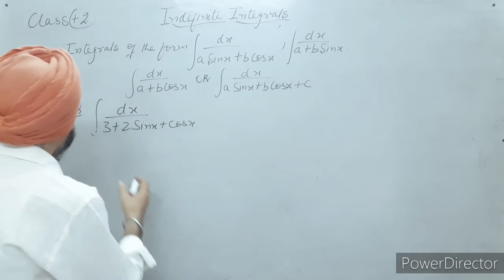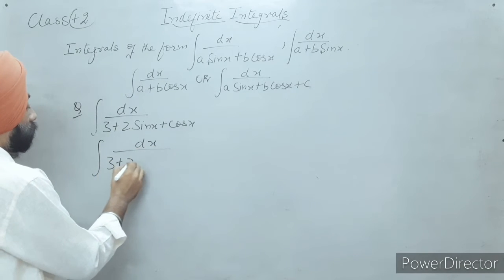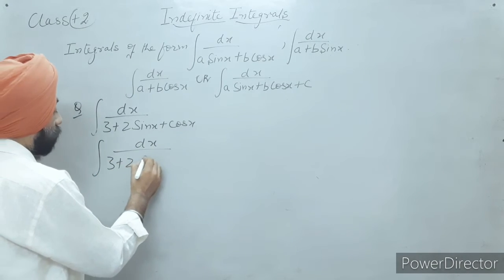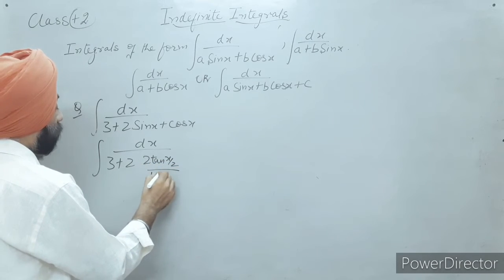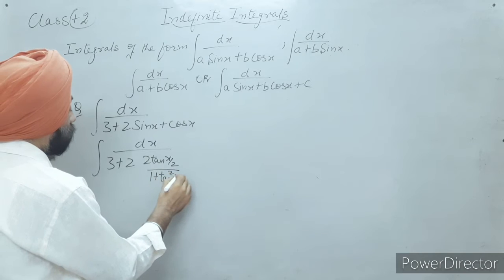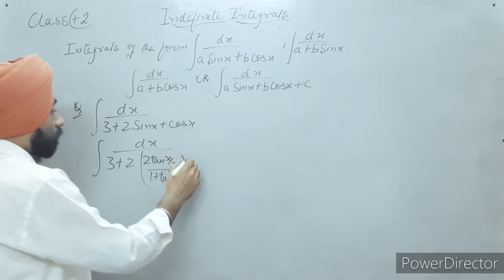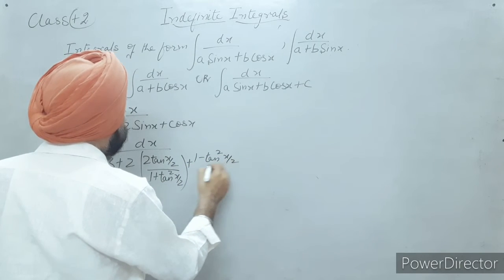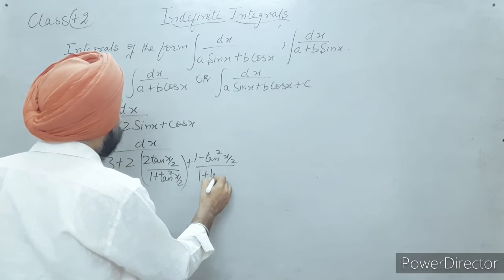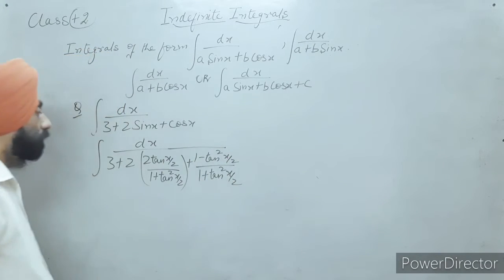Now, the method is saying change this sin x as 2 tan x by 2 over 1 plus tan square x by 2, plus cos x we will write as 1 minus tan square x by 2 upon 1 plus tan square x by 2.